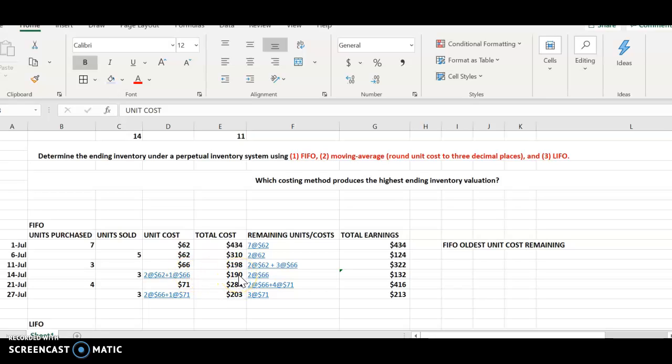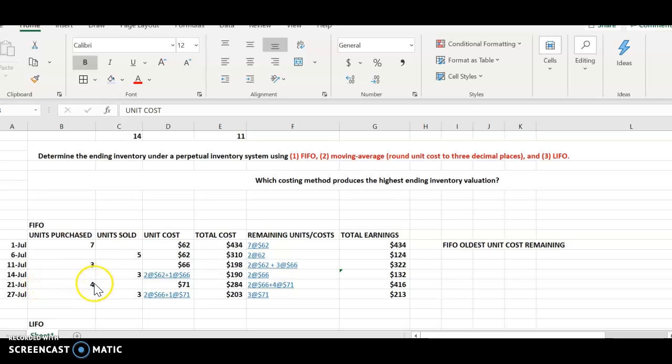Since we sold, we subtract: 322 minus 190 gives us a total of 132. The oldest unit cost remaining in this case will be $66 per unit.